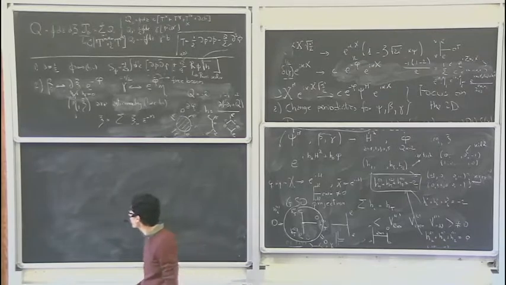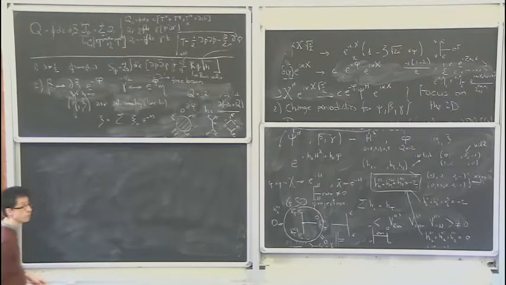And these extra points are just the set of points that have half integer values.